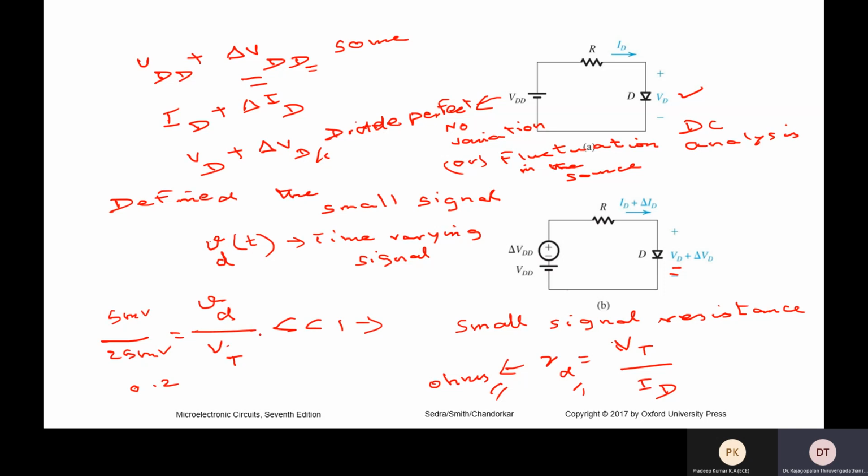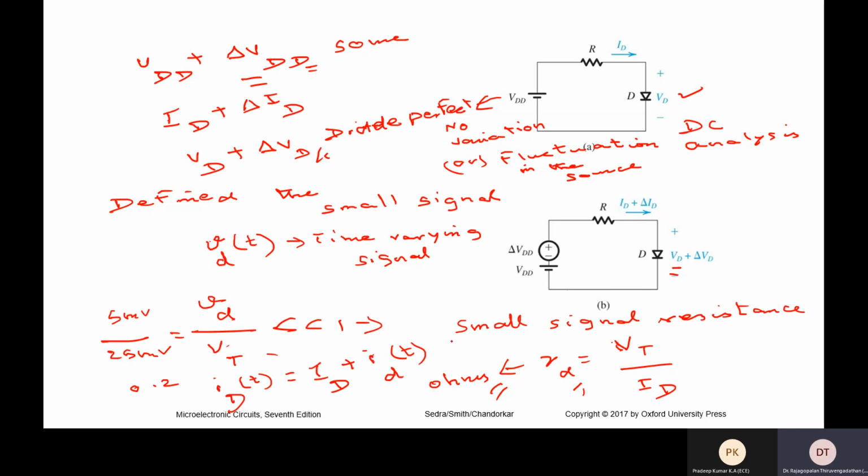So the total current expression, just to recall, what we did was iD of t, which is again a function of time for obvious reasons, equals the capital ID, which is the steady state current, plus the small id of t, which is coming from the small signal fluctuation. So these are the total current.